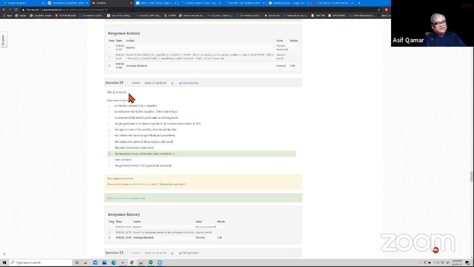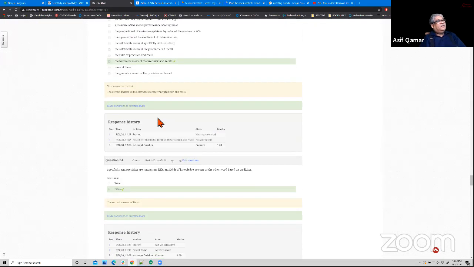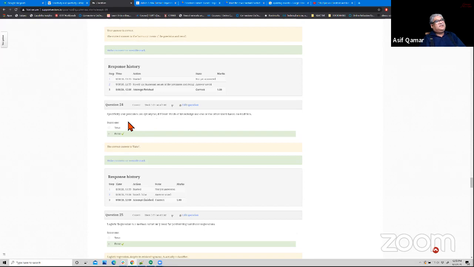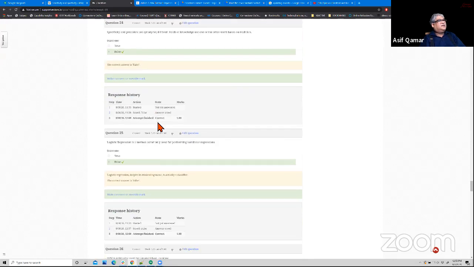So the harmonic mean is the F1 score people value precisely because both precision and recall have to be good for F1 score to be good. You don't always want that. Sometimes in the literature, people will say that we prefer the F1 score because it's a composite score. But the situation sometimes demands differently. So use it judiciously. No one metric is the best. Specificity and precision are not synonyms.